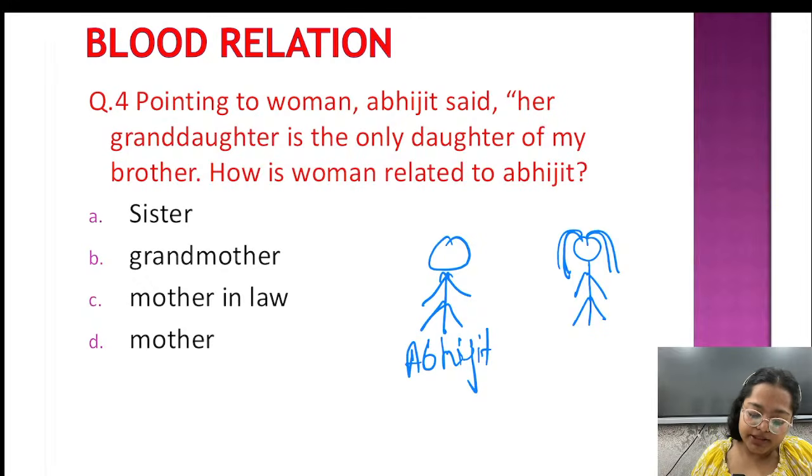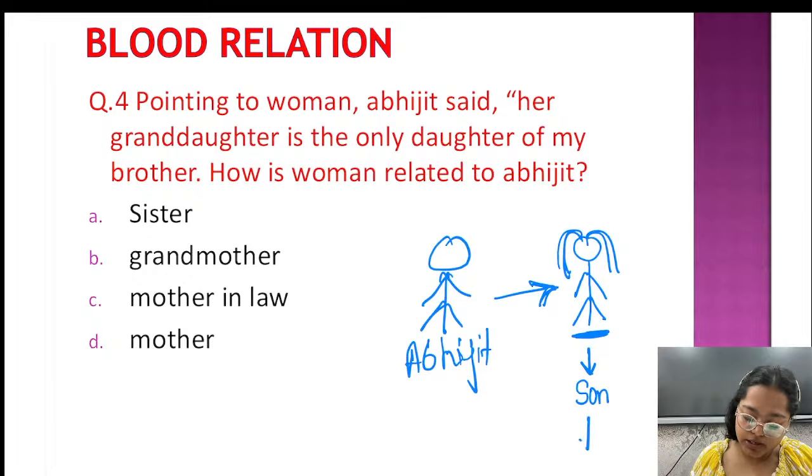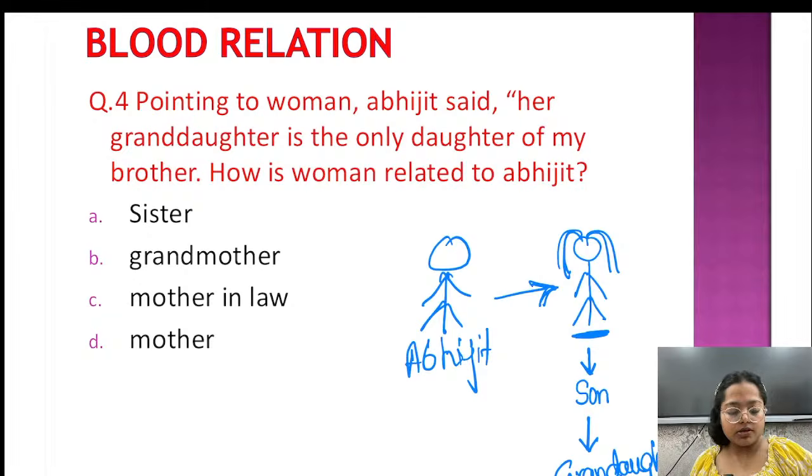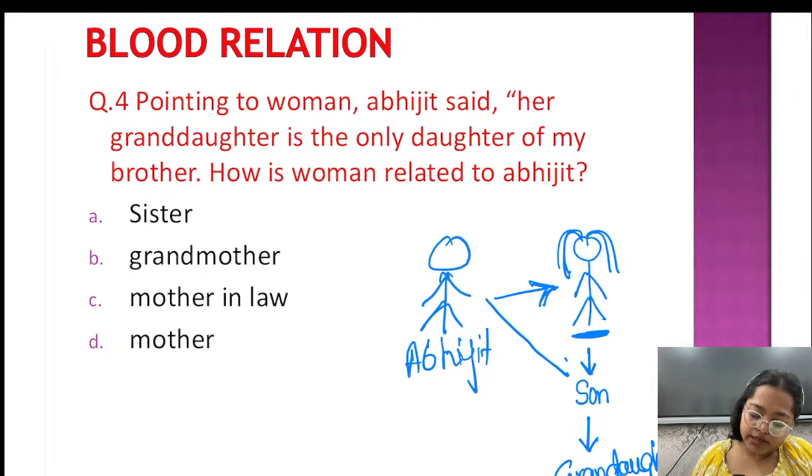Now what Abhijit said कि this woman, her granddaughter, that means this lady's granddaughter. One arrow means son, okay, two arrows mean granddaughter, is the only daughter of my brother. Only daughter, so that means they are brothers.